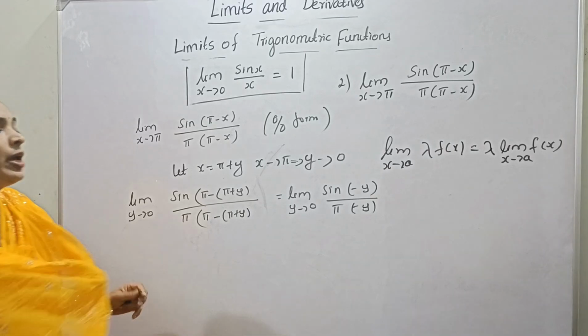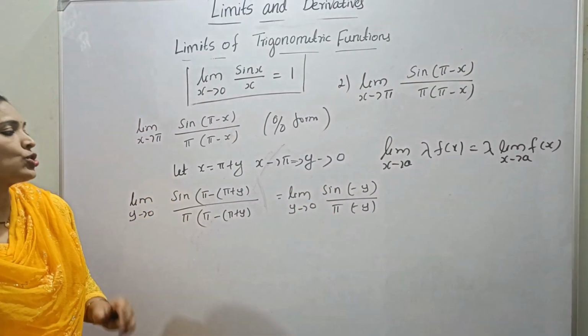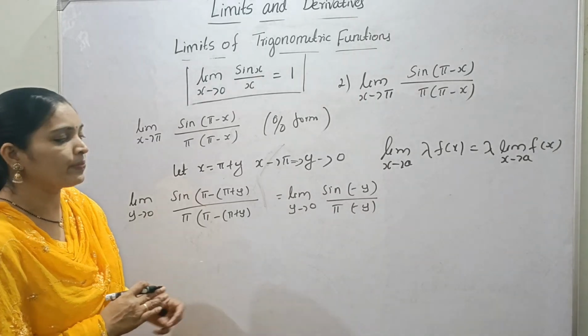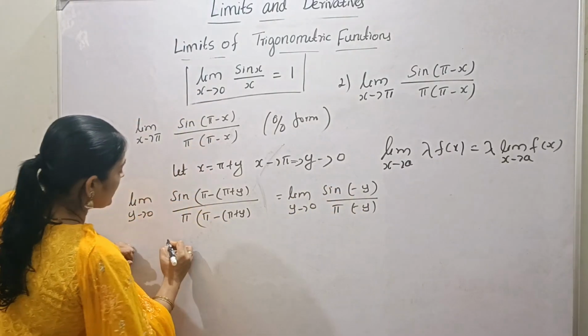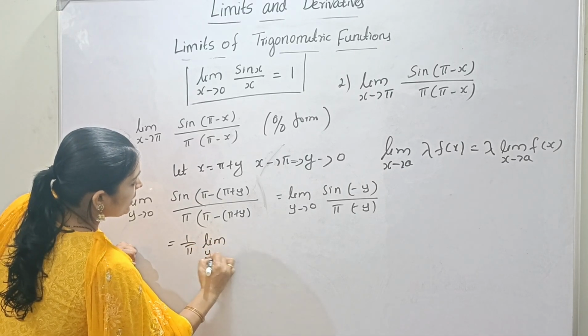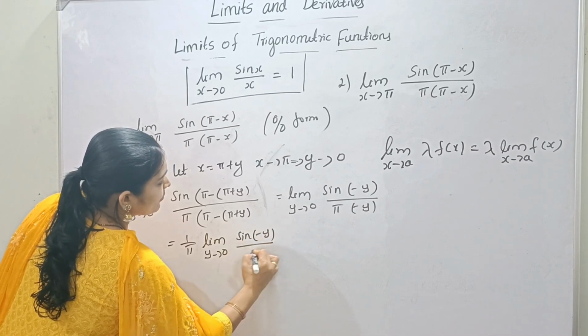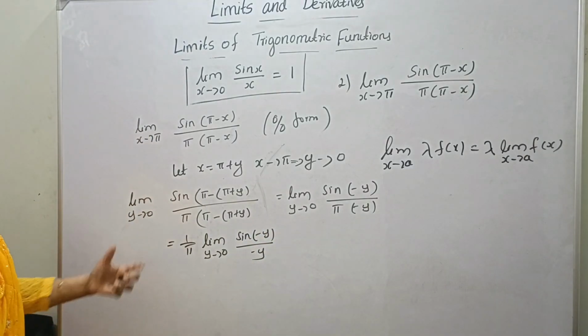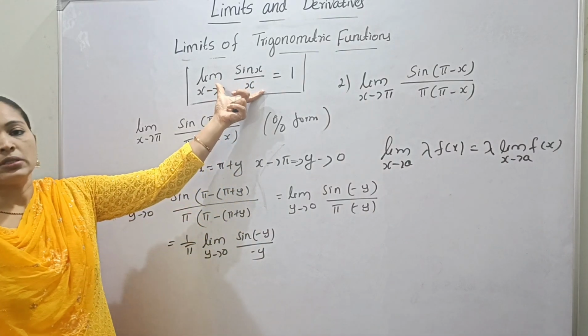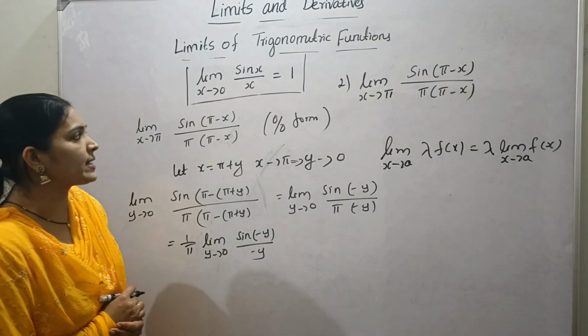Here 1 by pi is the constant, so we can take it out from the limit. So we can write 1 by pi into limit y tends to 0 of sine of minus y divided by minus y, right? Now it is of the form of this standard limit, limit x tends to 0 of sine x by x.